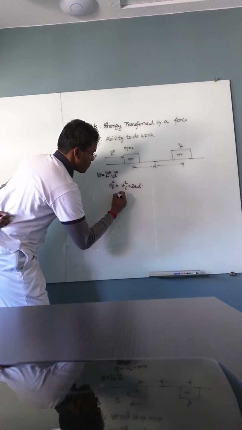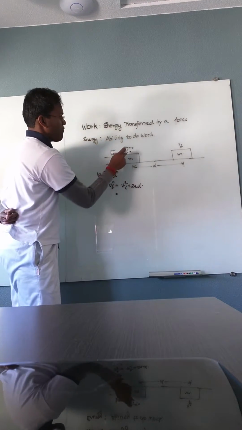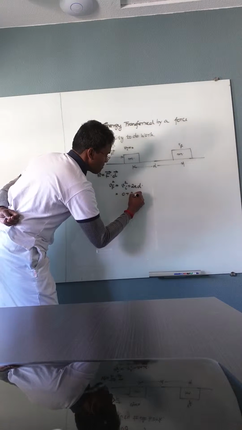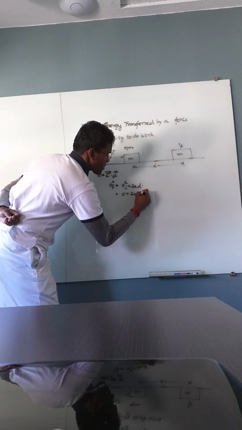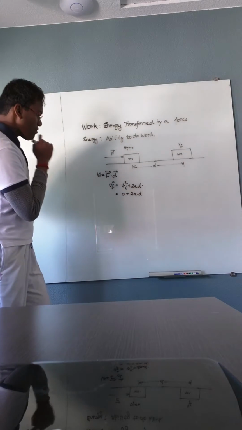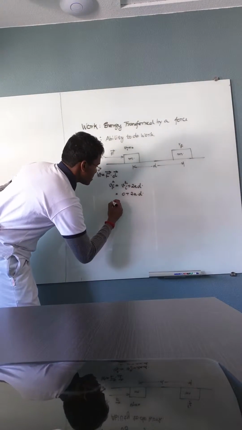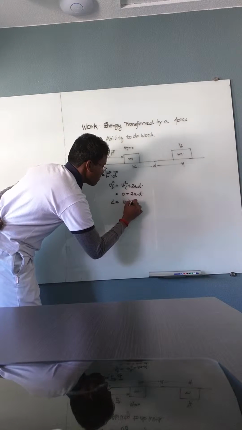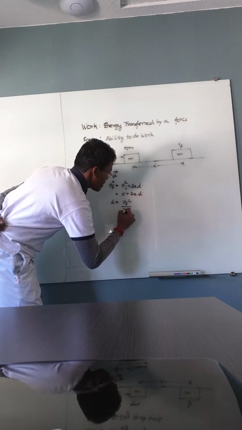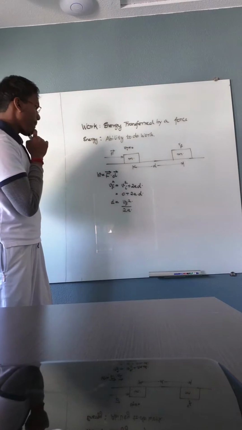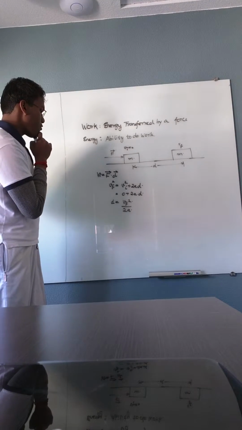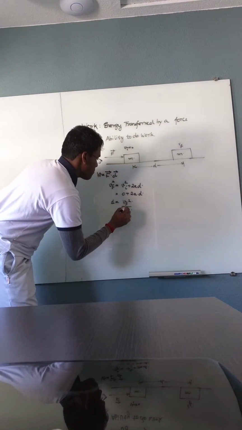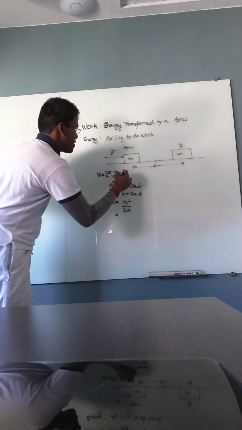So from this we can plug in Vi as 0. So 0 plus 2 times acceleration times the distance. So what would distance be from this? Distance would be Vf square by 2 times a. Now what would a times d be?